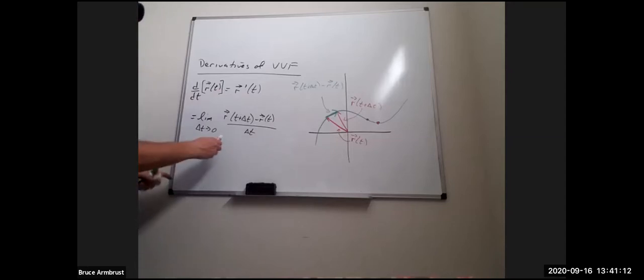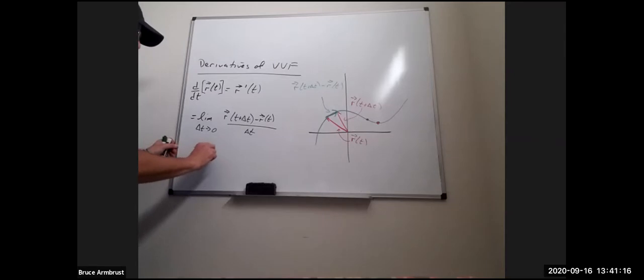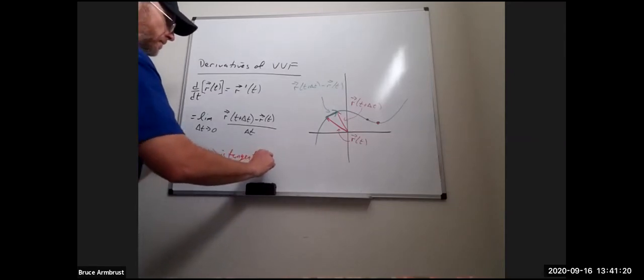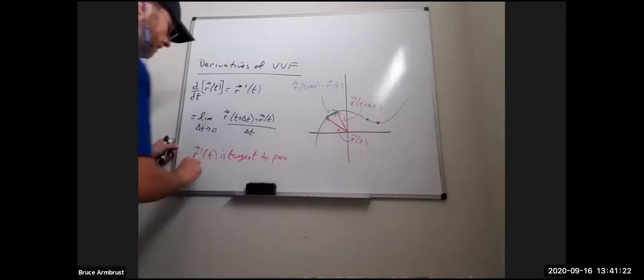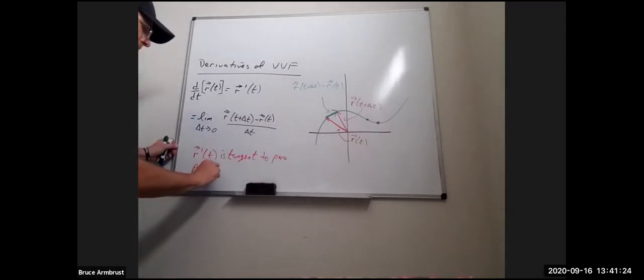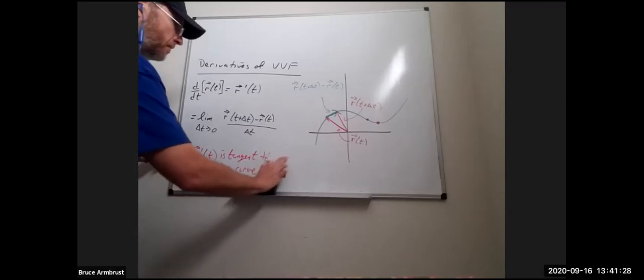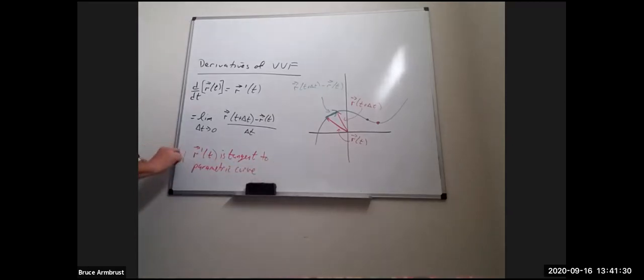So I'll go ahead and write that down because this is important stuff. I'll even put a little star next to it. But r prime, the derivative of the vector valued function, is going to be tangent to the parametric curve.